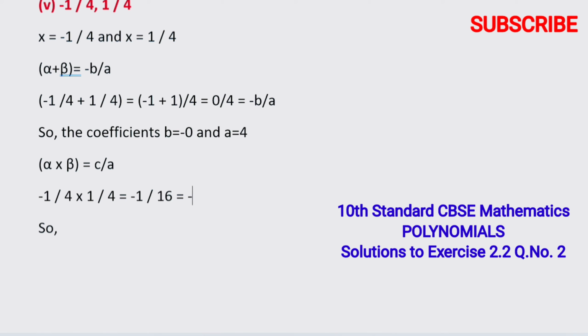Minus 1 divided by 4, both numerator and denominator divided by 4, 16 divided by 4, then we'll get the answer minus 1 by 4.